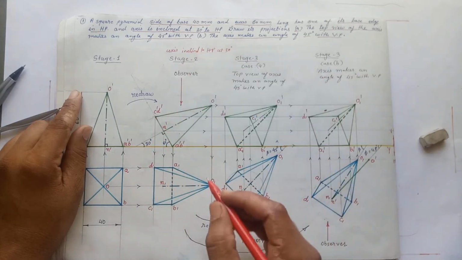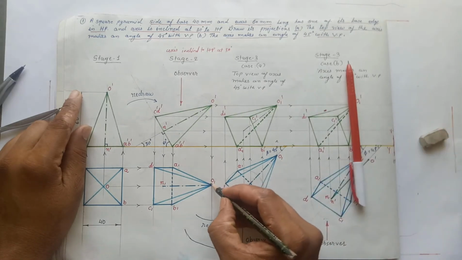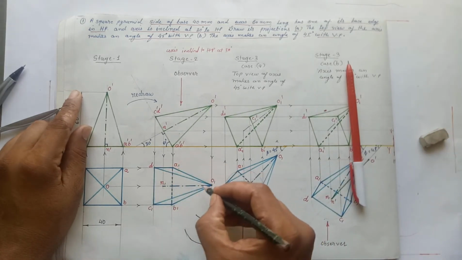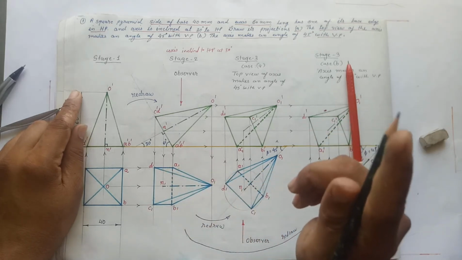So in the plan OCD is going to be visible. So this is the visible part in the first side.